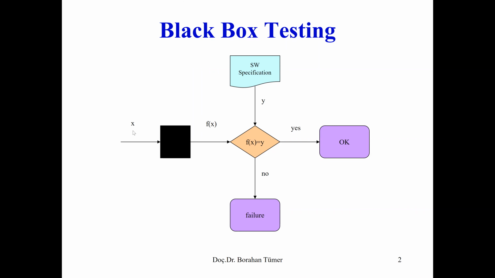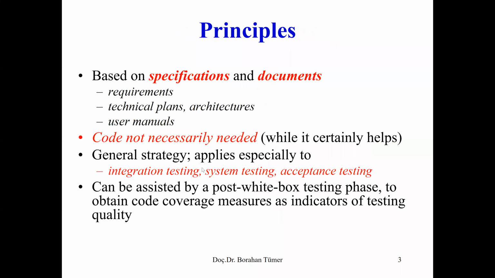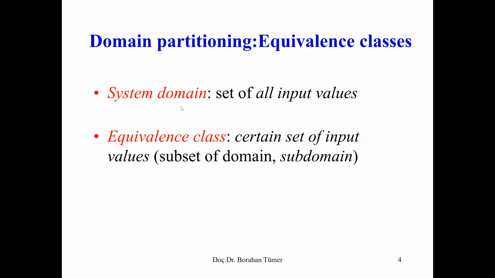X is an input and a member of a set of inputs that we call the domain, and the outputs of this function we call the range. So just like a function domain, the system domain contains all input values that may be presented to the software product.